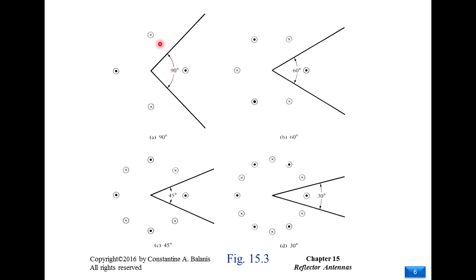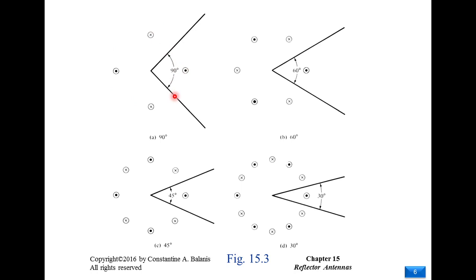But because the two elements disturb one another, we need to add a third image with the same polarization as the feeder, so that the boundary condition is fulfilled on both sides. So for 90 degrees, we need 3 images, or we have 4 sources.